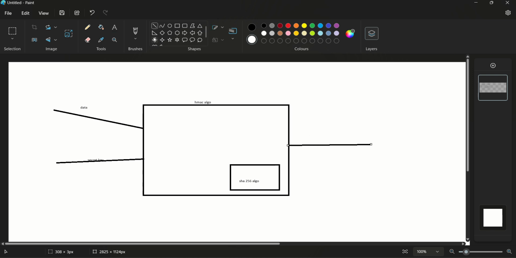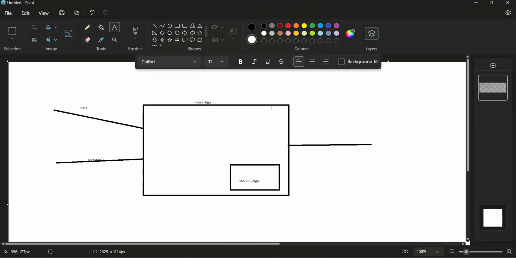It's simply a hash value, or we can say the HMAC signature.